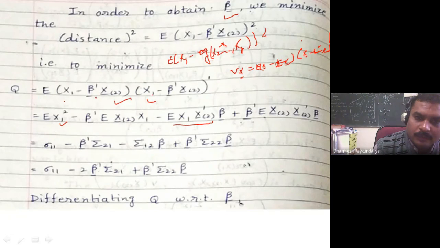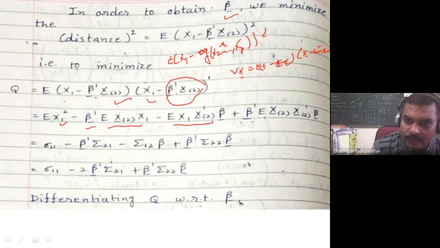This quantity multiplied with this, it is beta transpose x2 x1. Beta transpose is outside, so it is beta transpose x2 x1. And this quantity multiplied with this, it is nothing but beta transpose x2. And when you take transpose of this quantity, what happens? It is x2 transpose beta, and when you take expectation inside, it is the expectation of this quantity. Is that clear? ये step सबको?